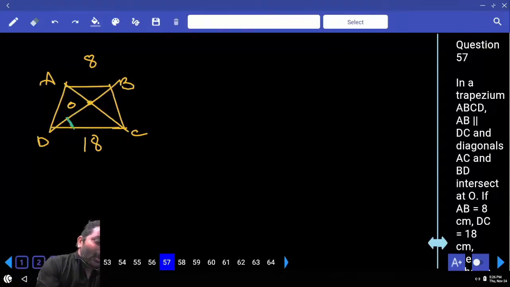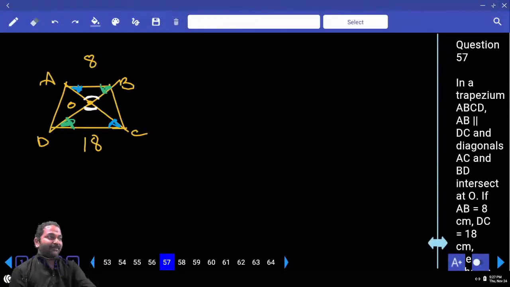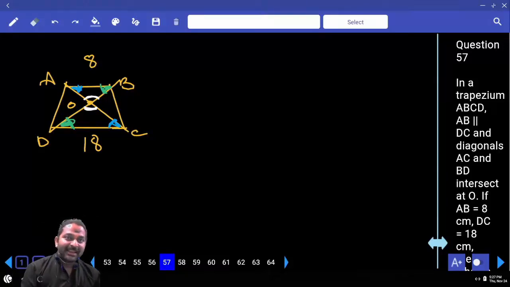Angle at ODC and angle at ABO, both must be same. These two green color angles are same. And at the same time, angle at DCO at C and angle at A, both must be same. And at the same time, angle at DOC and angle at AOB, both must have same angles, correct? If we have same angles, we can call them similar triangles.